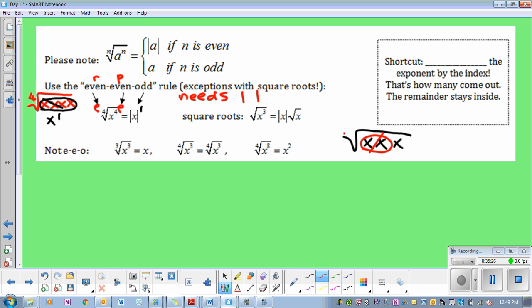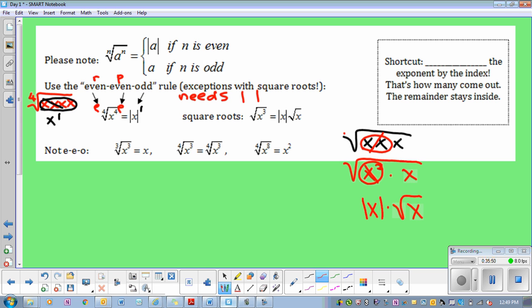So that's why it's absolute value of x. And then you have this one that stays in. This one might actually be a little bit better if I show it like this. So when this comes out, you still have this guy left over. All right?